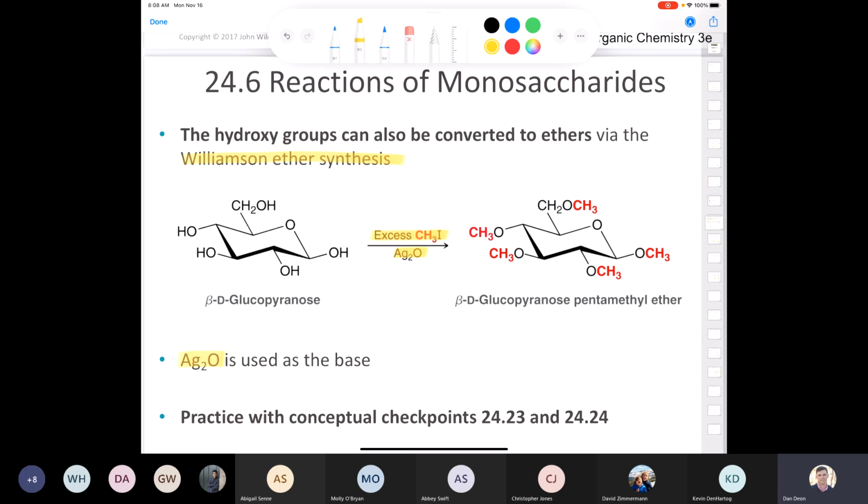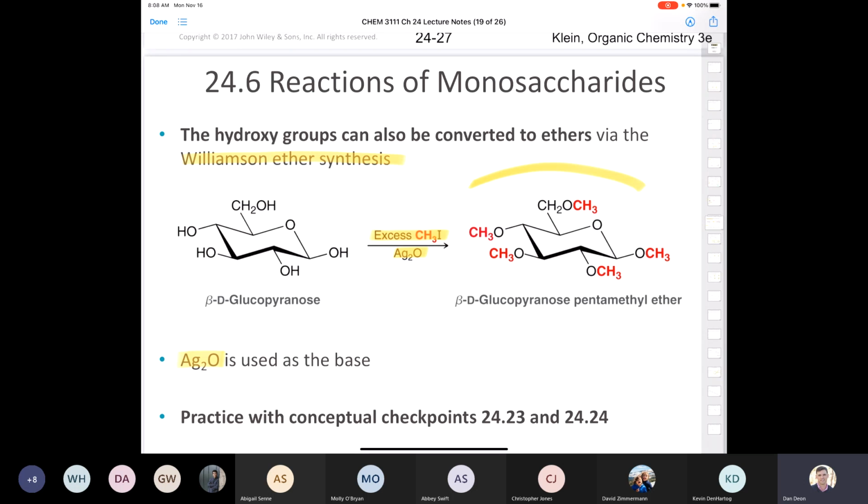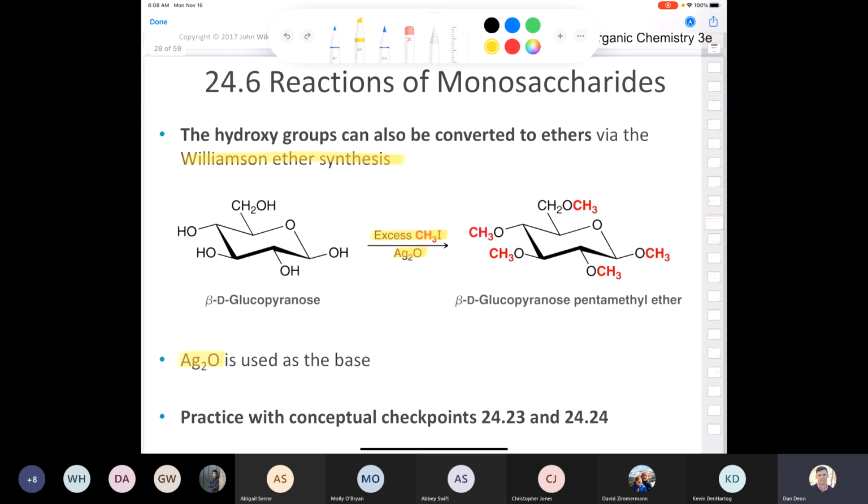We'll discuss in detail what epimerization is. Okay, so that's how you make a methyl ether, and as you can imagine, this would also be soluble in organic solvents.